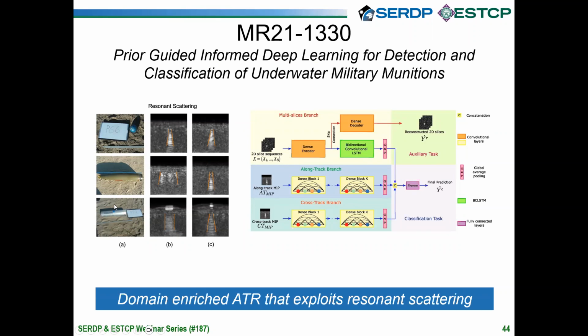What was realized was that as we looked in the maximum intensity projections, both along track and cross track MIPs, there were characteristics that were unique to these different target types based upon the structure of how these particular MIPs looked, but also the two-dimensional sequences of slices going down in depth.